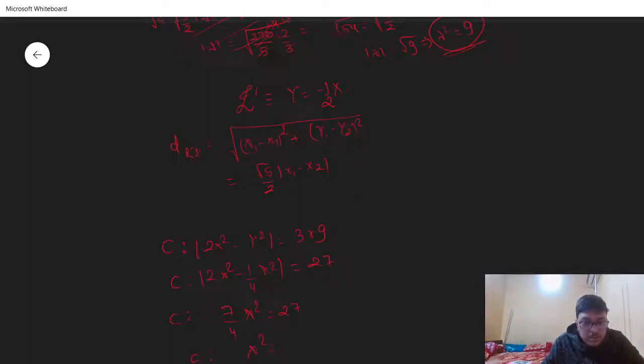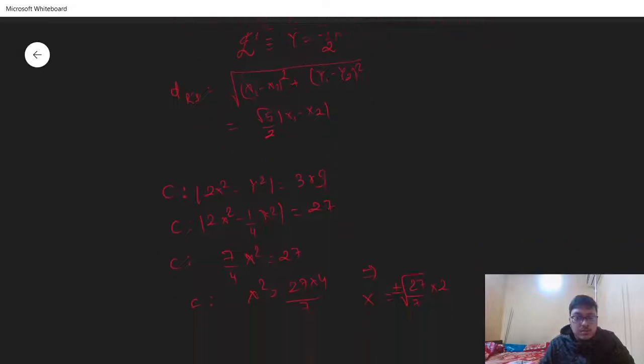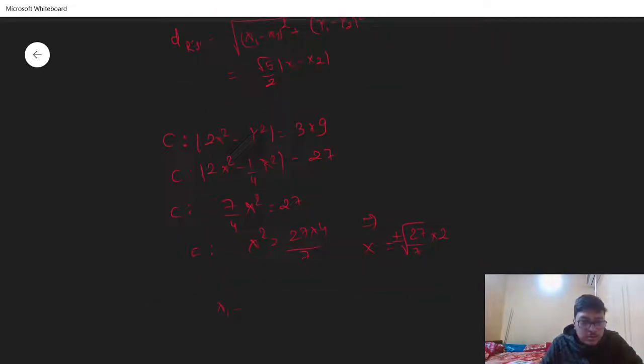X square equals 27 into 4 by 7, or x equals plus minus 2 root 27 by 7. So mod x1 minus x2 will be 4 root 27 by 7. So root 5 by 2 into 4 root 27 by 7 equals the distance.